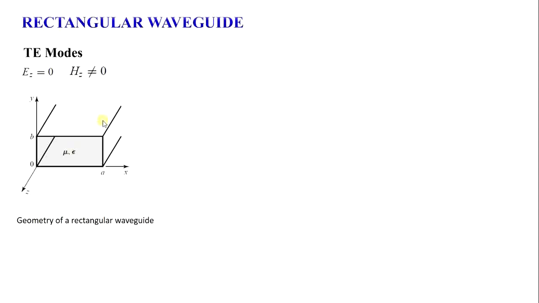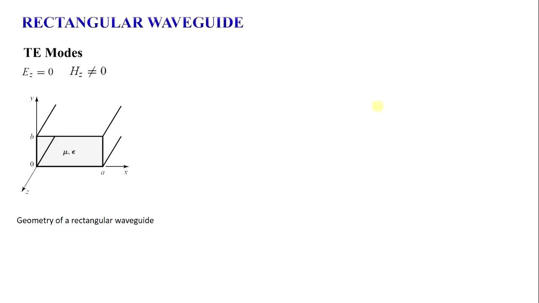So Ex will be 0 for y equal to 0 and y equal to b. Same for Ey. Ey is tangential on the side walls of the rectangular waveguide. Ey will be 0 for x equal to 0 and for x equal to a. These are the boundary conditions which are required for analyzing the rectangular waveguide for TE mode and the TM mode.